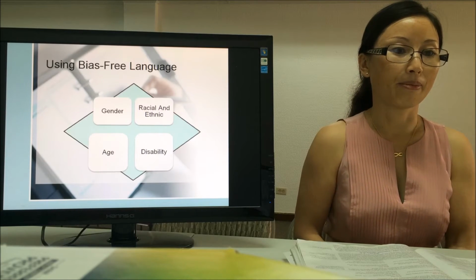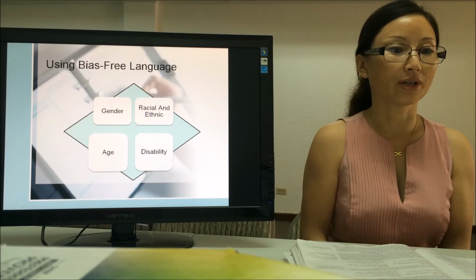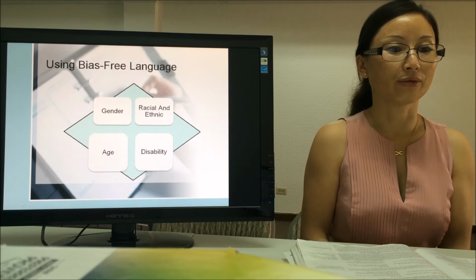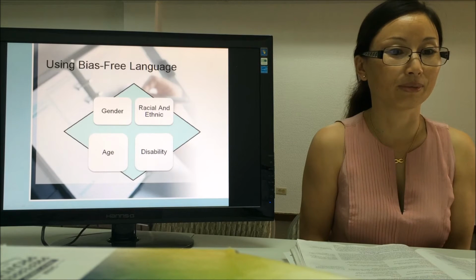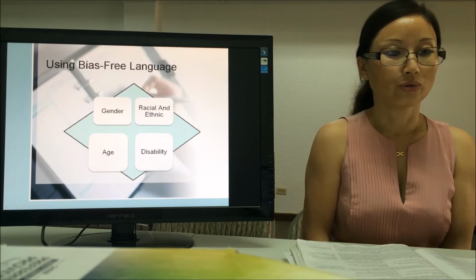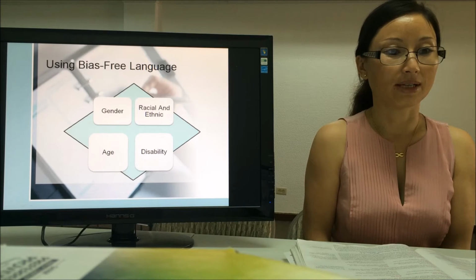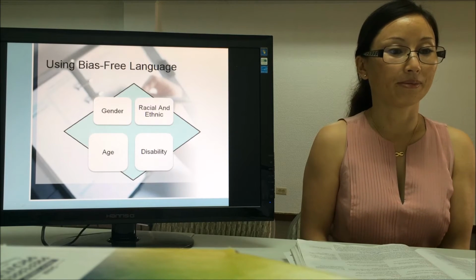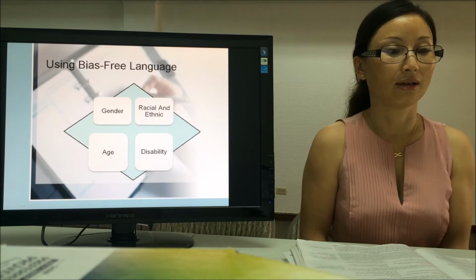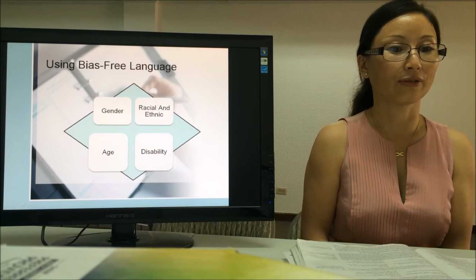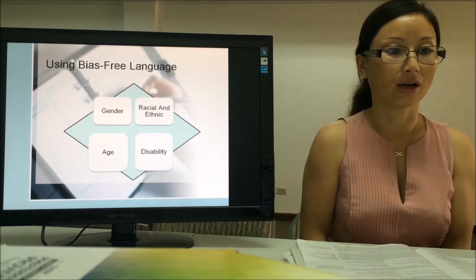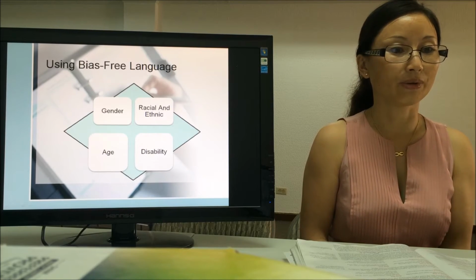Racial and ethnic bias, stereotype, not a surprise. Susan Wu excels in mathematics. This is unacceptable. Should it be Susan Wu excels in mathematics? Age bias refers to age, as words can carry a variety of positive and negative connotations.